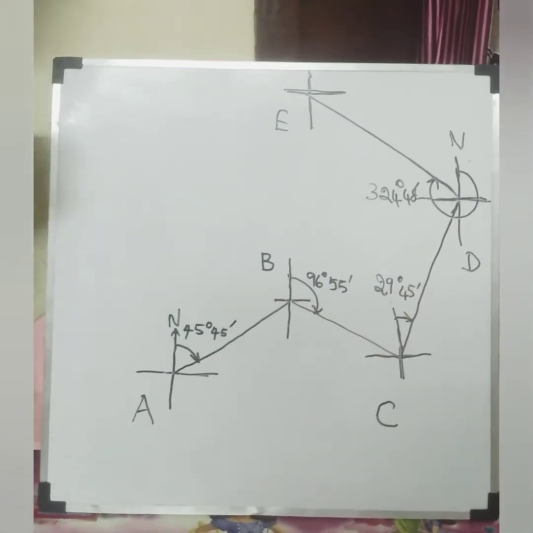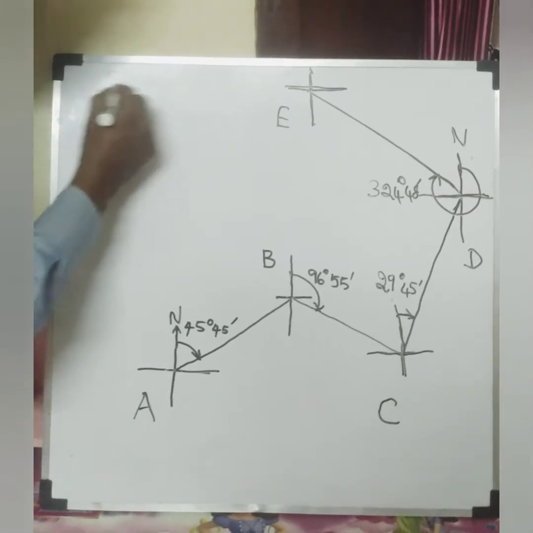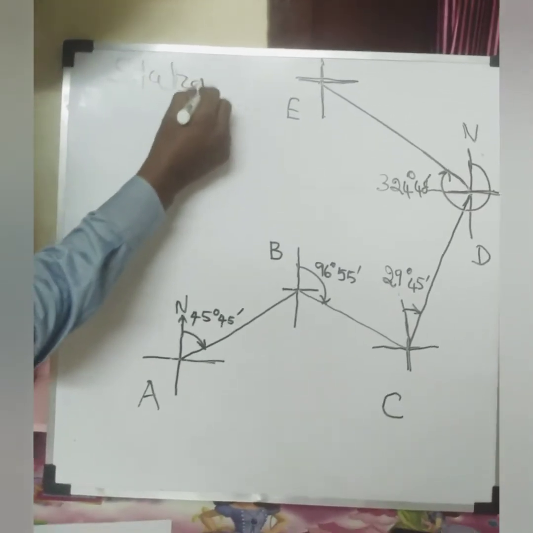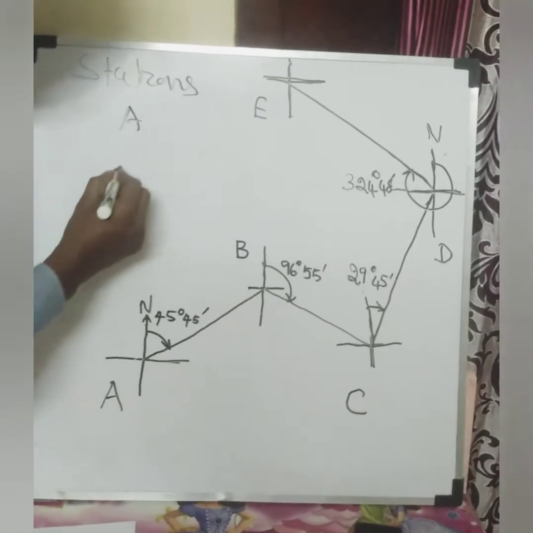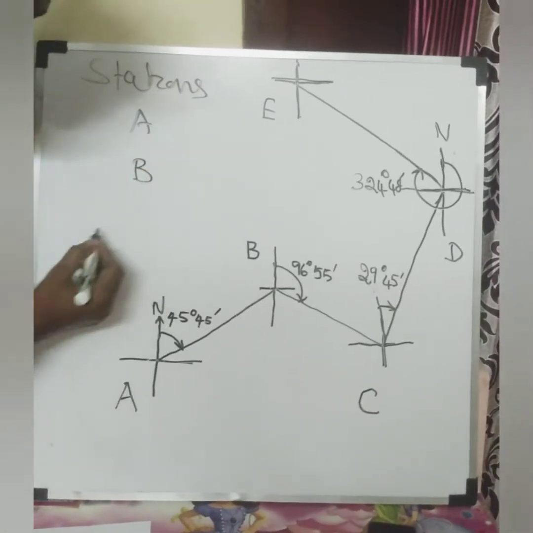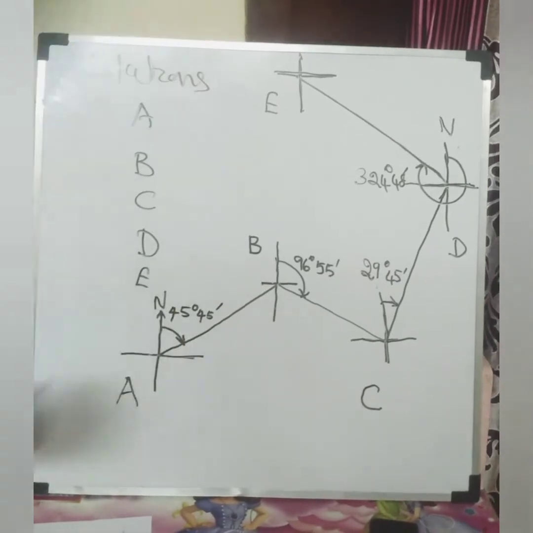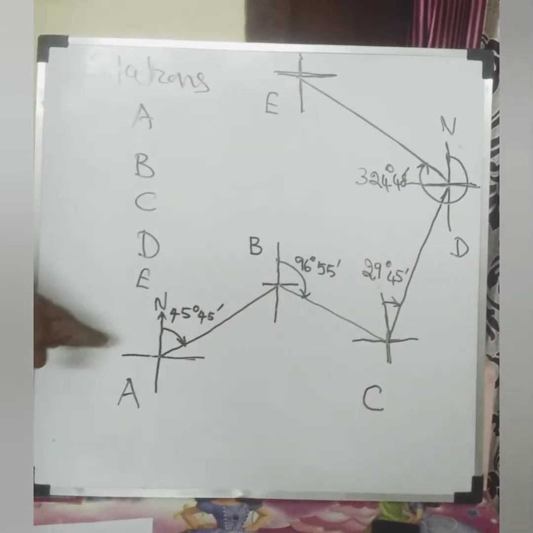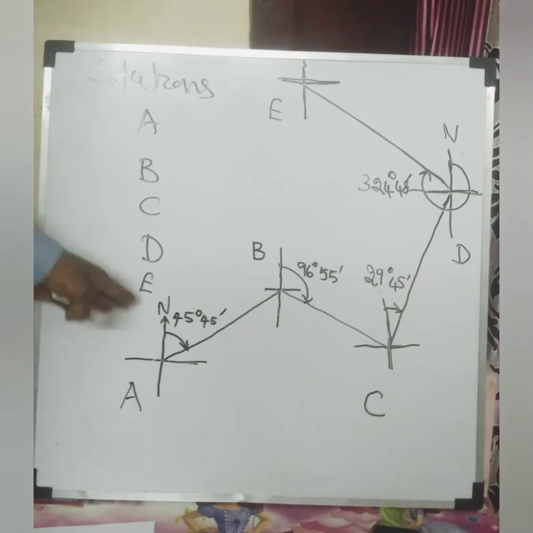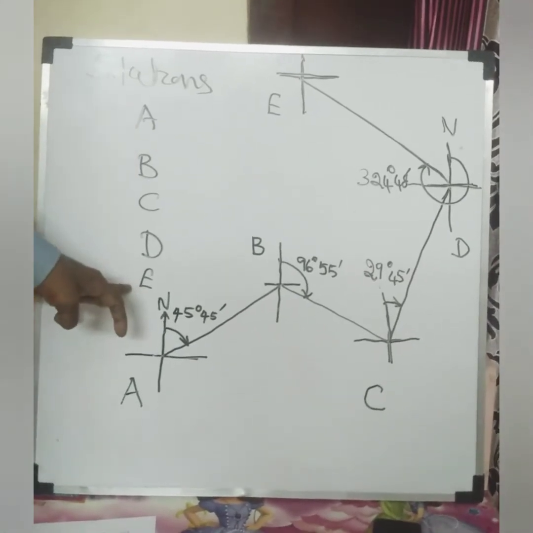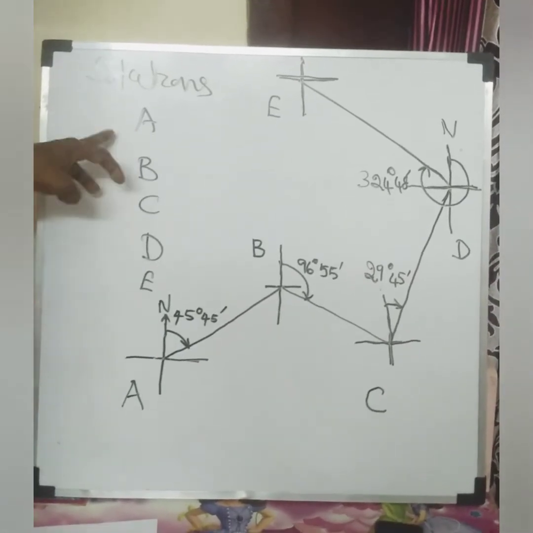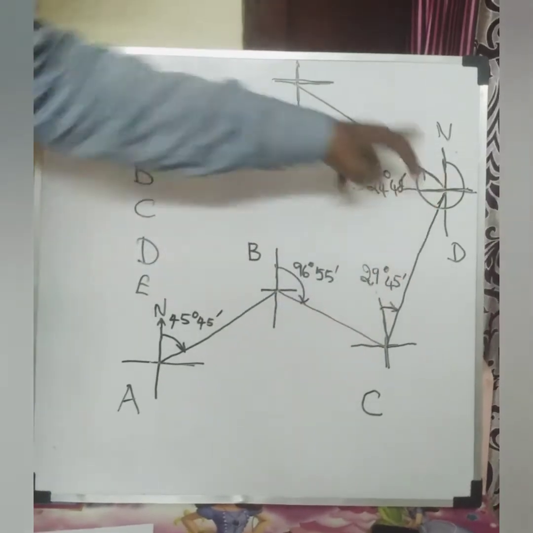How many stations are available here? Station A, next station B, C, D and E. The observations are made with 5 stations. The forebearings of lines AB, BC, CD, DE.